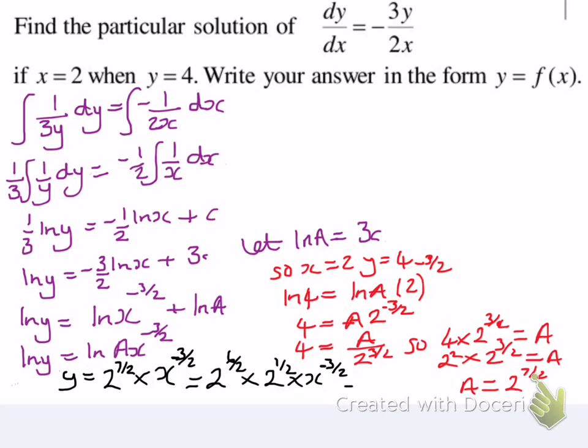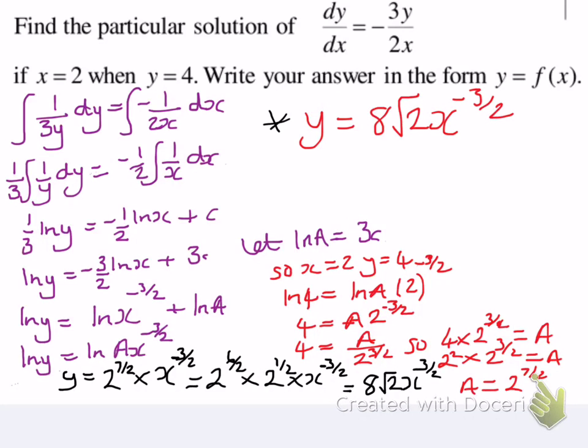Which means that my final answer is 2 to the 6 over 2 is 2 cubed, which is 8, times 2 to the half, which is root 2, x to the minus 3 over 2. So my final answer for this I can therefore write as y equals 8 root 2 x to the minus 3 over 2.